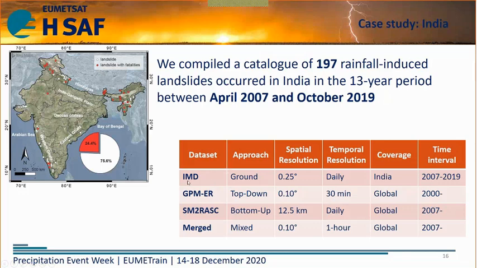Basically, we considered the IMD, which is a gauge-based product available over India with a spatial resolution of 0.25 degrees. Then we tested the capability of the GPM Early Run product. Of course, we also tested the capabilities of the SM2RAIN-derived product over the study area. And then also in this case, we integrated the 2 products to obtain 4 datasets.